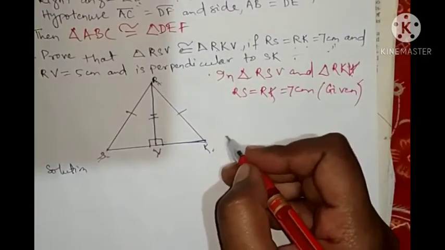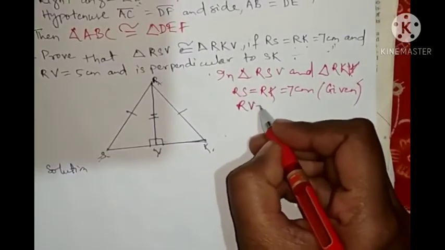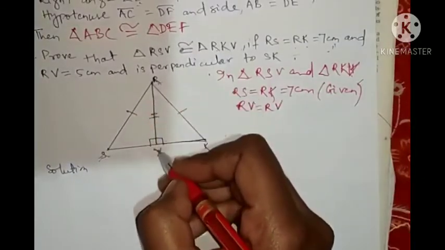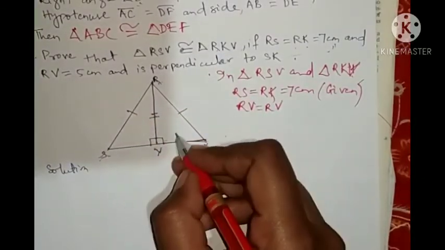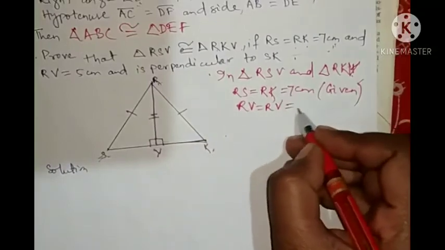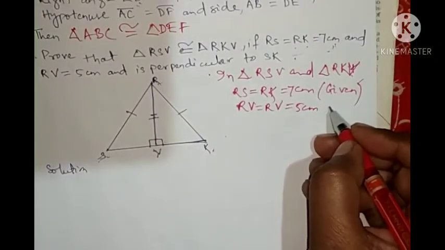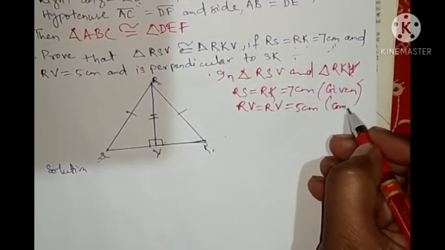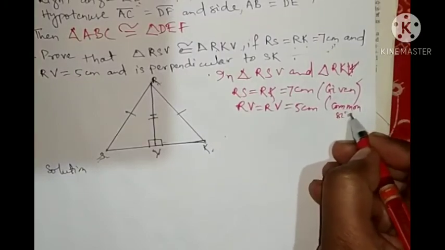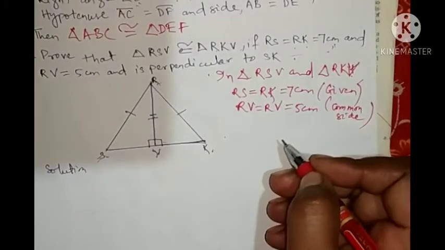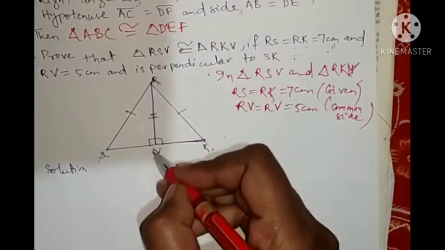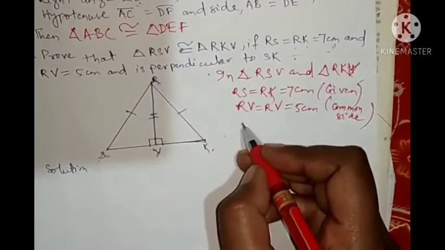Then RV equal to RV. RV is the same in both triangles, that is how much? 5 centimeters. It is also given, and you will write common side. Then you see RV is perpendicular to SK.